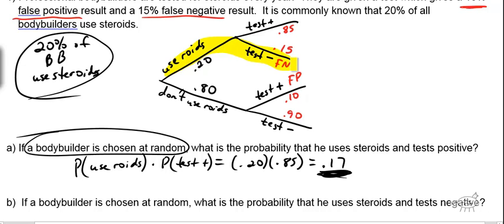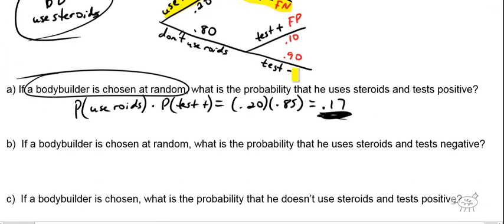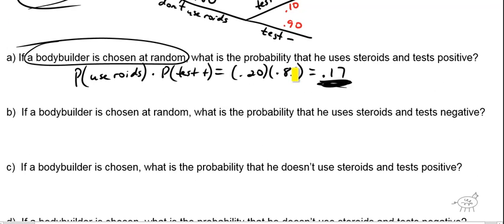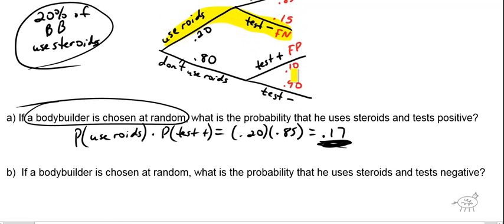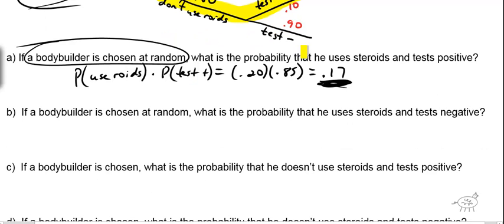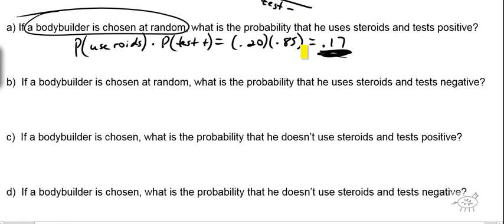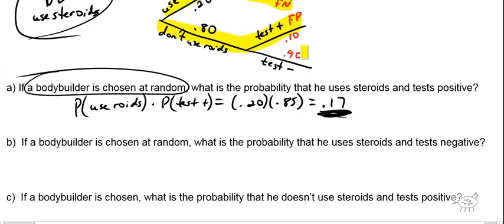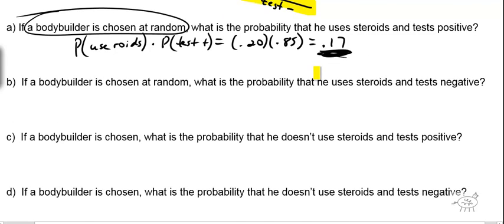In fact, the next two of them after that, let's just kind of go through this. The next is C. What is the probability that he doesn't use steroids and tests positive? And then D is the probability he doesn't use steroids and tests negative. Okay, so you just multiply those out. So let's actually fill this in here.